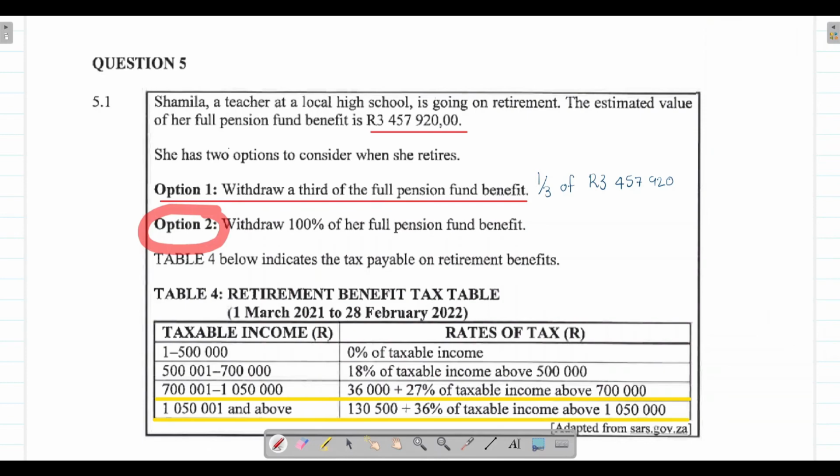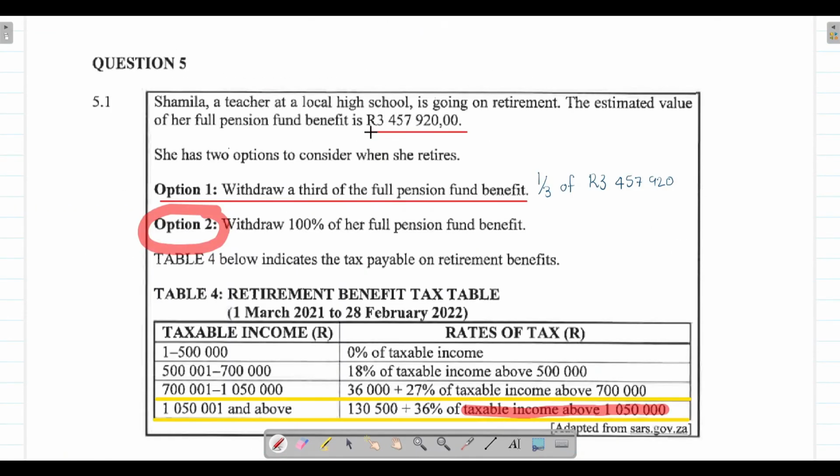The first thing we're going to do to get the taxable income that is above 1,050,000 is take the 3,457,920 and minus the 1,050,000. Why are we minusing that 1,050,000?